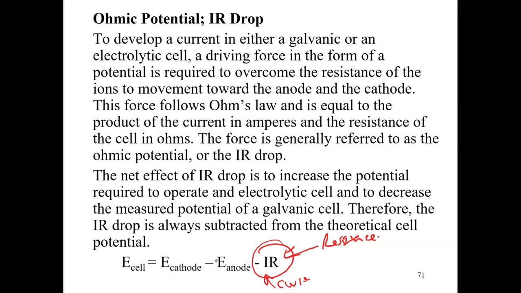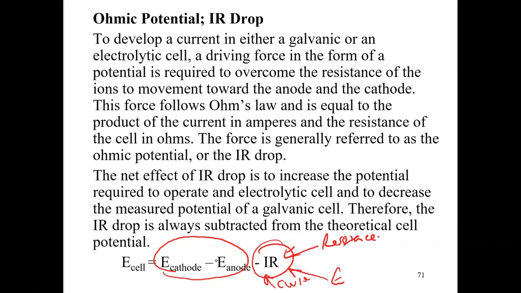So basically this is the cell potential that you get from a galvanic cell, for instance. Now the IR here is the potential, because this is also potential, but the potential here shown by IR is that potential that an electron that is flowing through an external circuit has to overcome before those particular electrons can flow freely from the cathode to the anode.